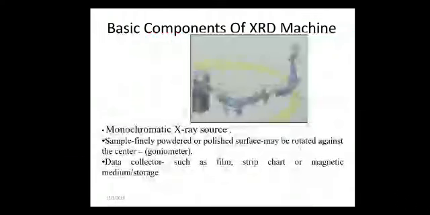The principle of operation of X-ray diffraction is that in every atom the electrons are in layers or shells, like the K, L, M, N shells.